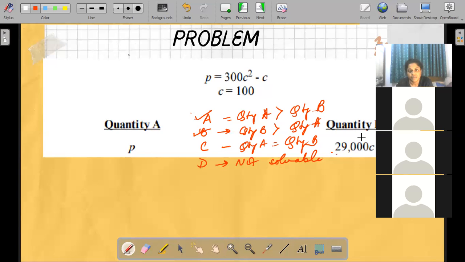Now C is given to me, so immediately I know that quantity B is 29 with 5 zeros. Now for P, I'll not even use a pen. I see 300 into C square.